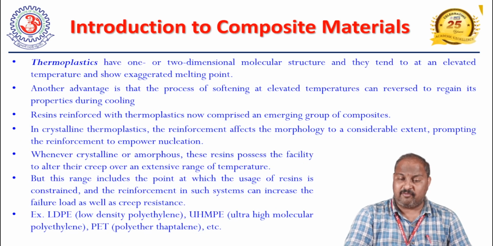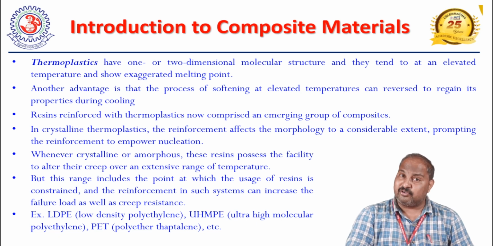Thermoplast composites have a one or two dimensional molecular structure. They soften at elevated temperature and show exaggerated melting points. The point Tg becomes very critical here. Another advantage is that the process of softening at elevated temperatures can reverse to regain its properties during cooling. Resins reinforced with thermoplastics now comprise an emerging group of composites.